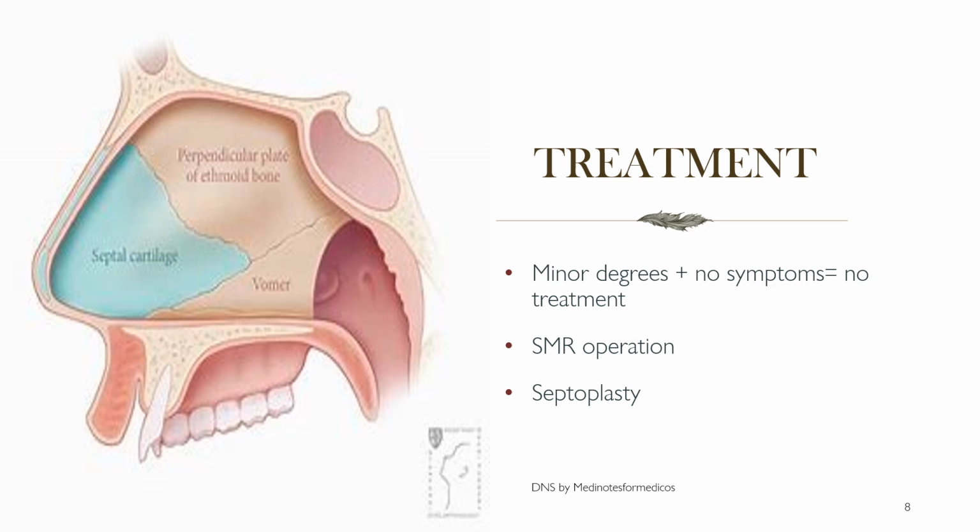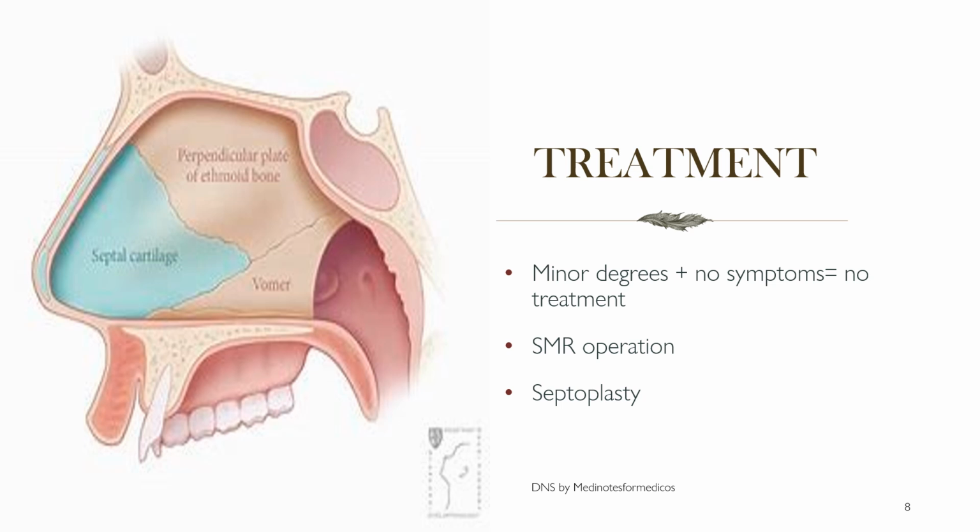If we have a minor degree, majorly most people would have some sort of nasal deviation. It is normal. So if there are minor degrees of this nasal deviation with no symptoms, like no obstruction, no loss of smell, no breathing difficulties or mouth breathing, then no treatment is required.